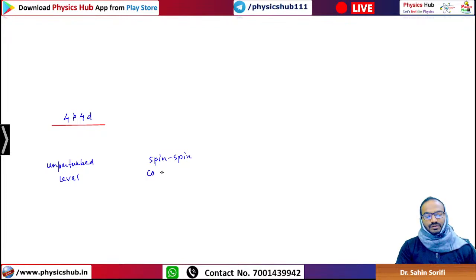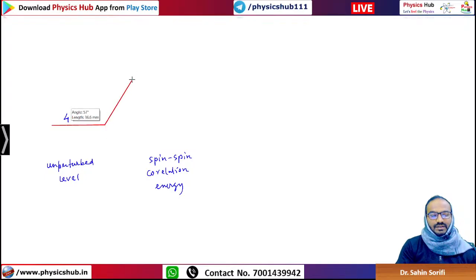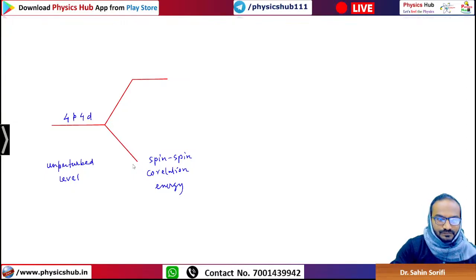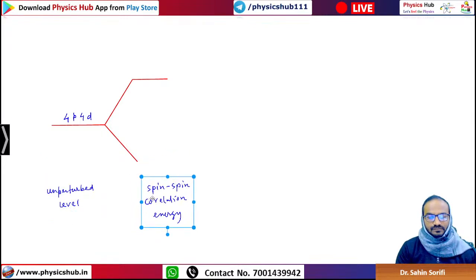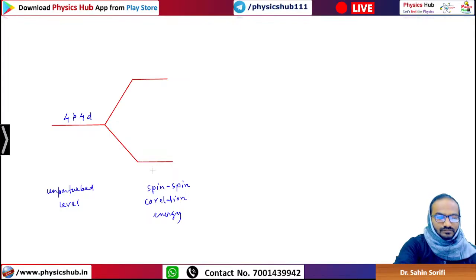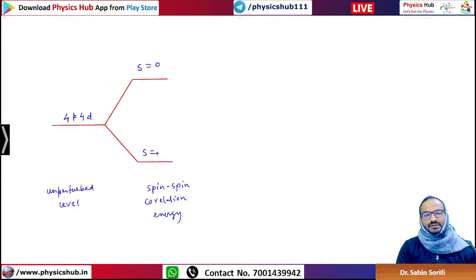Now we incorporate spin-spin correlation. With the help of that, we can divide it into two things: one will be S equals 0, another one is S equals 1.